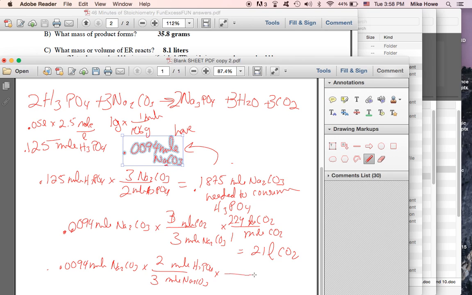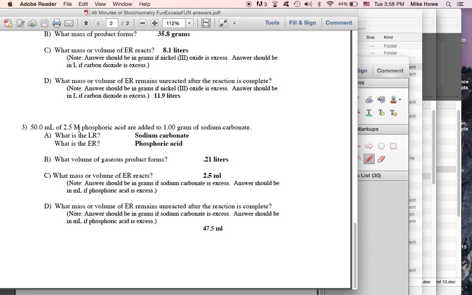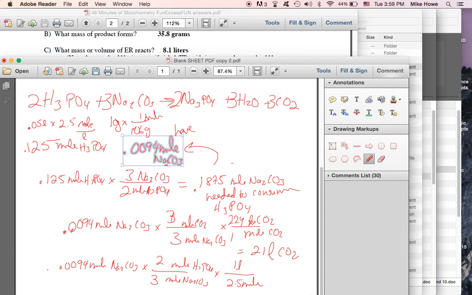We know then that 1 liter is 2.5 moles. Okay, let's revisit that. We know that because it says here we've got a 2.5 moles per liter solution. And that means 1 liter is 2.5 moles. So we take our 0.0094, multiply by 2, then divide that by 3, and then divide again by 2.5.